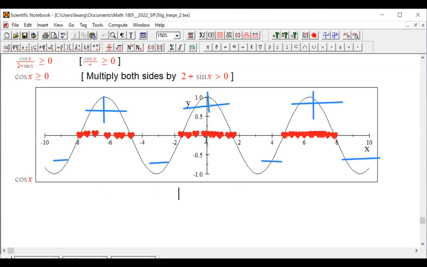That's from -π/2 to +π/2, inclusive. Okay, how about this interval? You have to identify what that interval is.